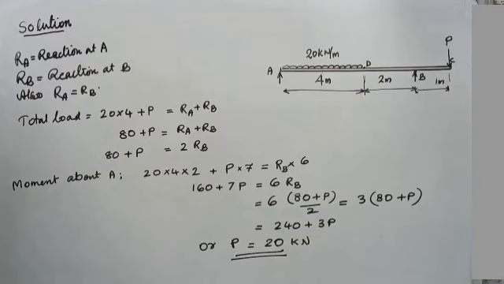Next, we have to draw shear force diagram. But in order to draw the shear force diagram, we have to find the values of RA and RB also. But by knowing the value of P, we can easily find the values of RA and RB.